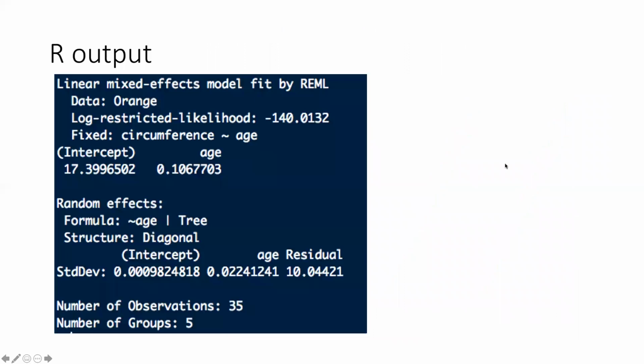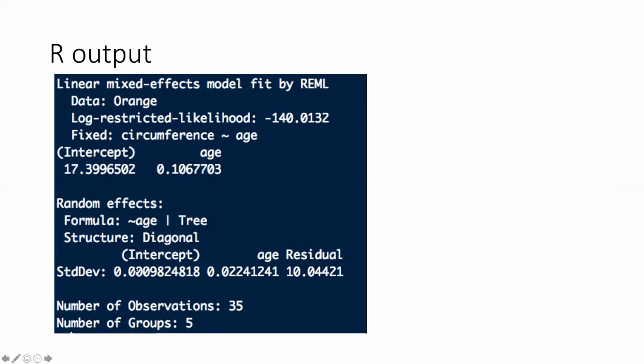When we look at the output from R, we see that we get our intercept. This is the estimate for beta 0. This is the estimate for beta 1, for the slope between age and the growth. And look at the standard deviations, those things that I've shown you before. They're estimated here.